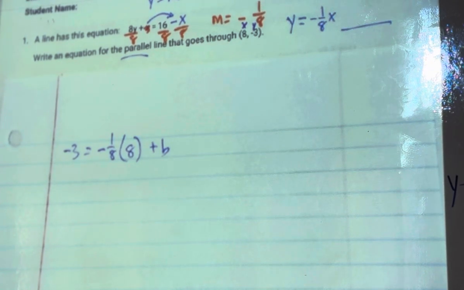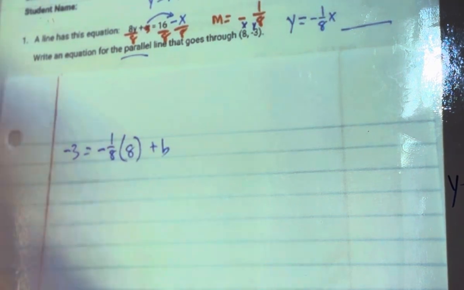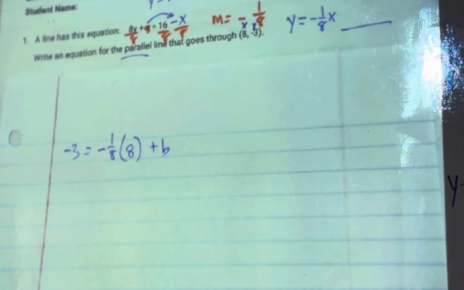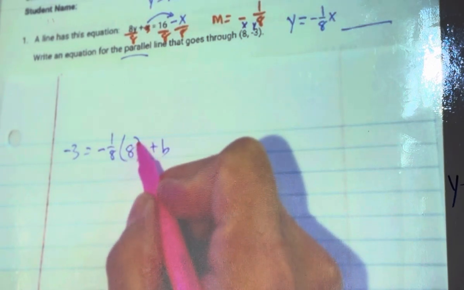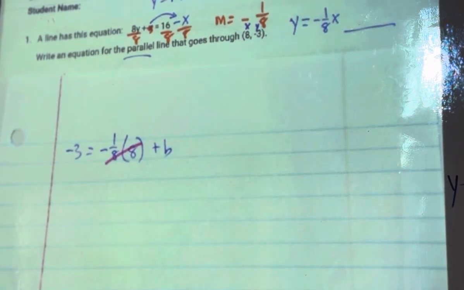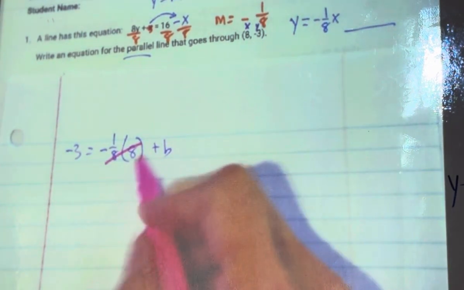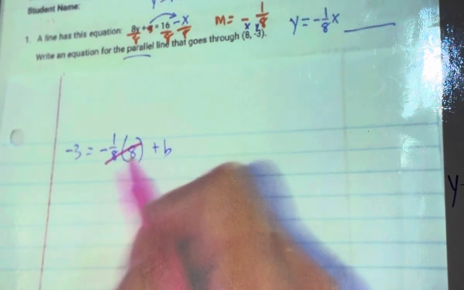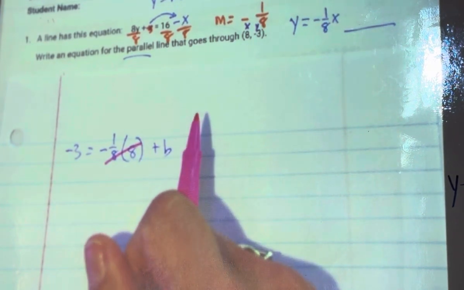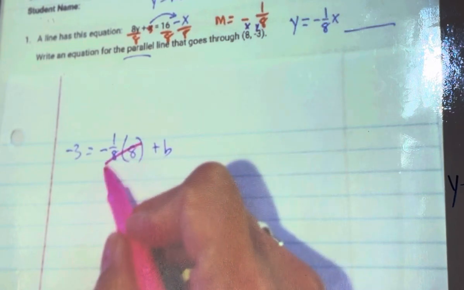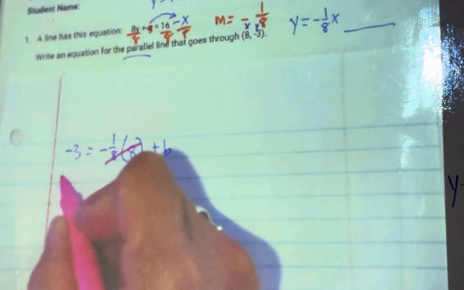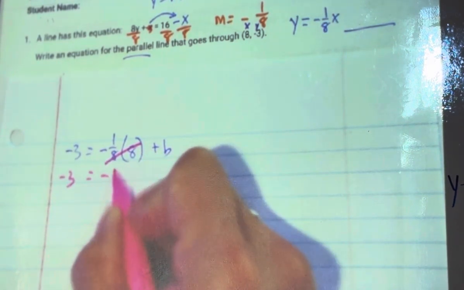Multiply. So 8 divided by 8 is what? Not 0. They cancel out and they equal 1. And if you can't do that in your head, what can do it? Calculator. So the 8's cancel, so you end up with -1. So -3 equals -1 plus b.